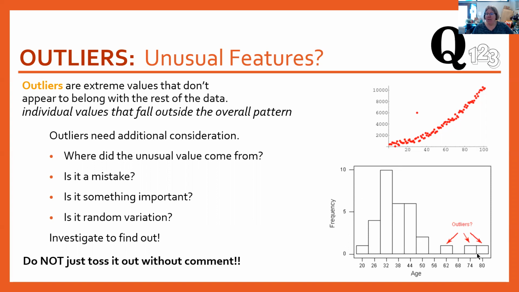And then in terms of which ones of these are outliers, definitely these two furthest out are going to be outliers. This one that's kind of between the main pattern and the other outliers, that one's a little bit on the fence. I don't know that I would call that one an outlier without doing some calculations. It's pretty close. It could go either way.